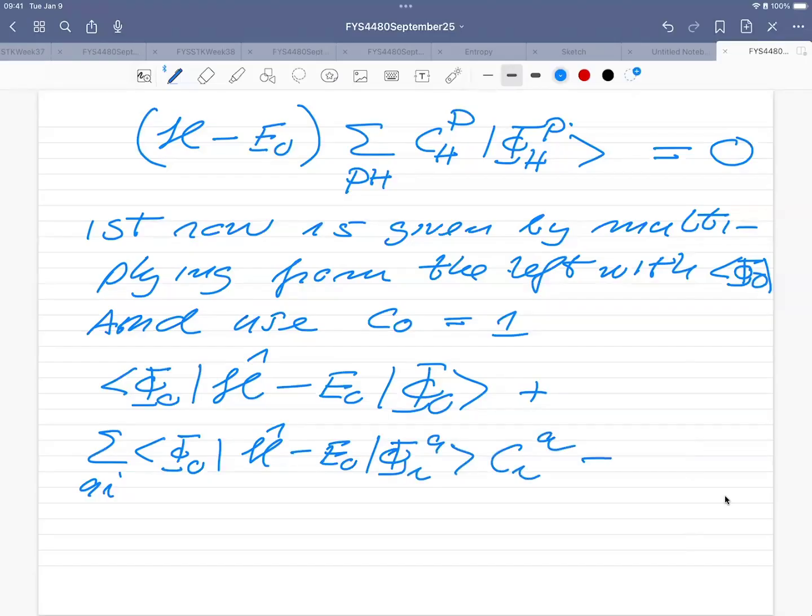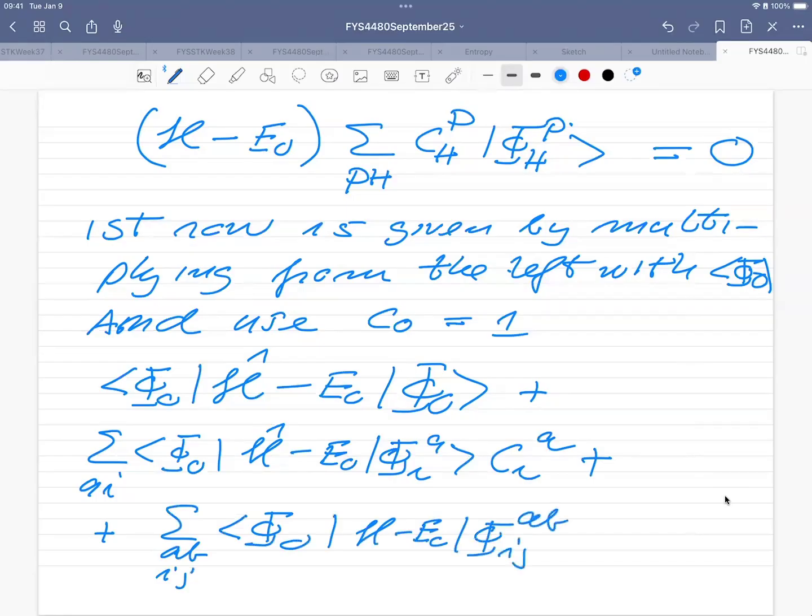Then I get a new term, which now contains the two particle, two hole excitations. But then after that one, there's something interesting which comes into play. And I'm going to set that up soon, AB. And then I have a CIJ, AB.